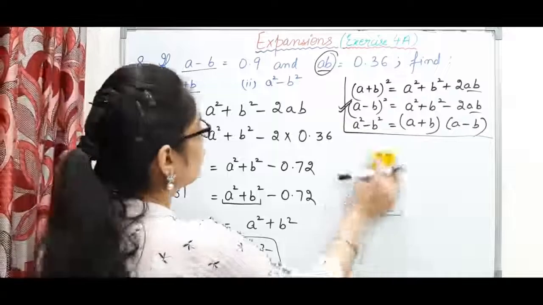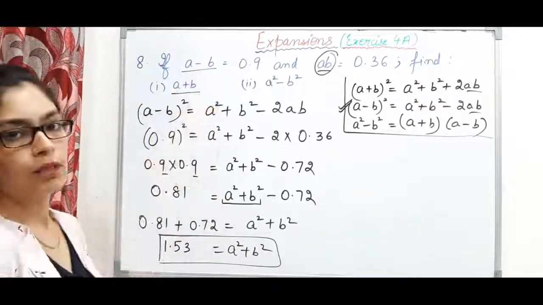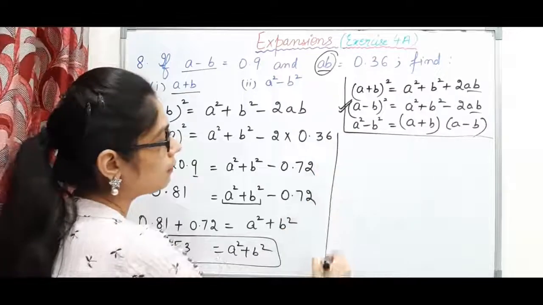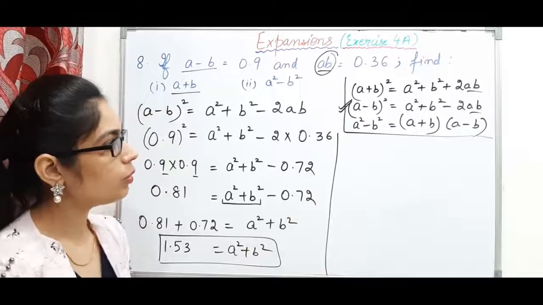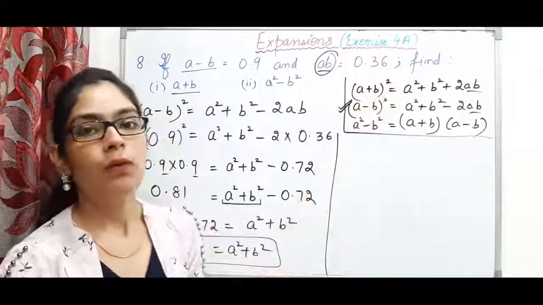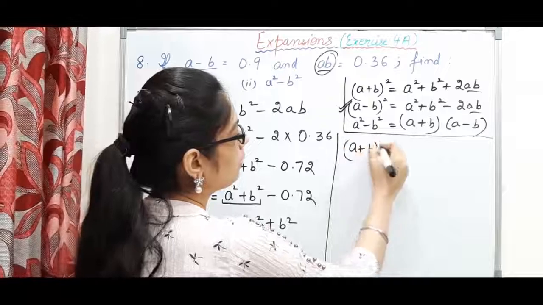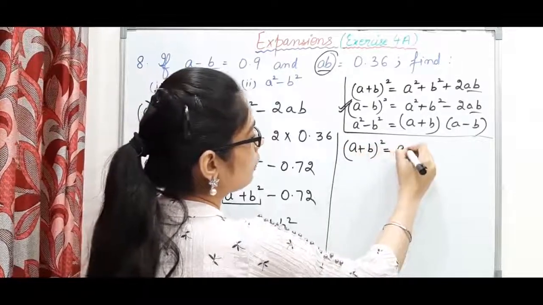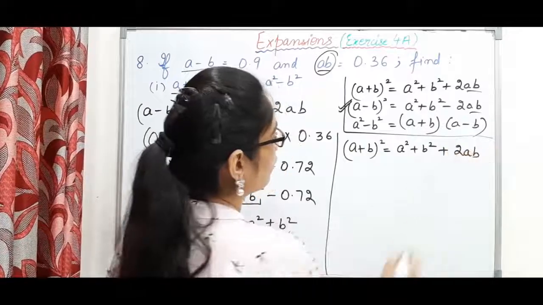Now we need the value of a plus b. So a plus b, that means which formula we have to use? I am sure you can make out now which formula. A plus b whole square is equal to a square plus b square plus 2ab.